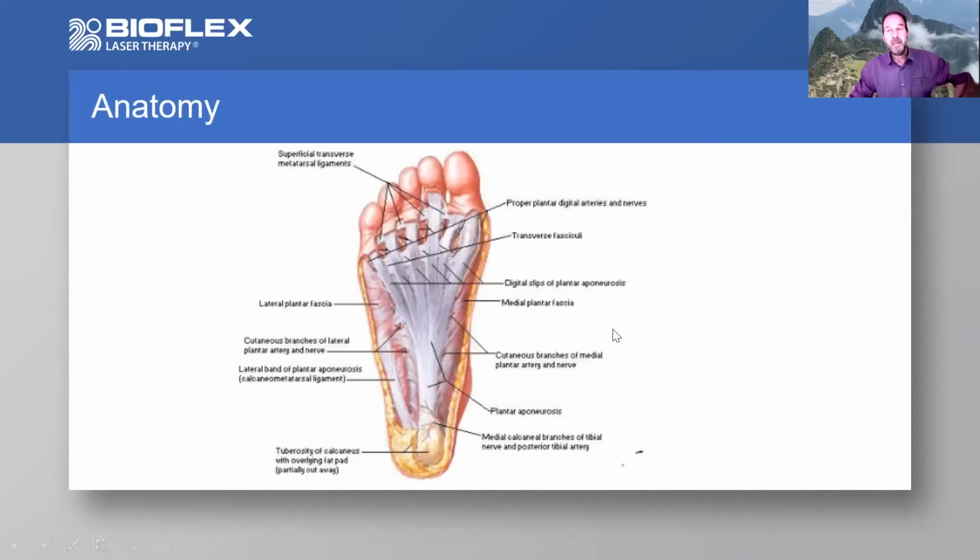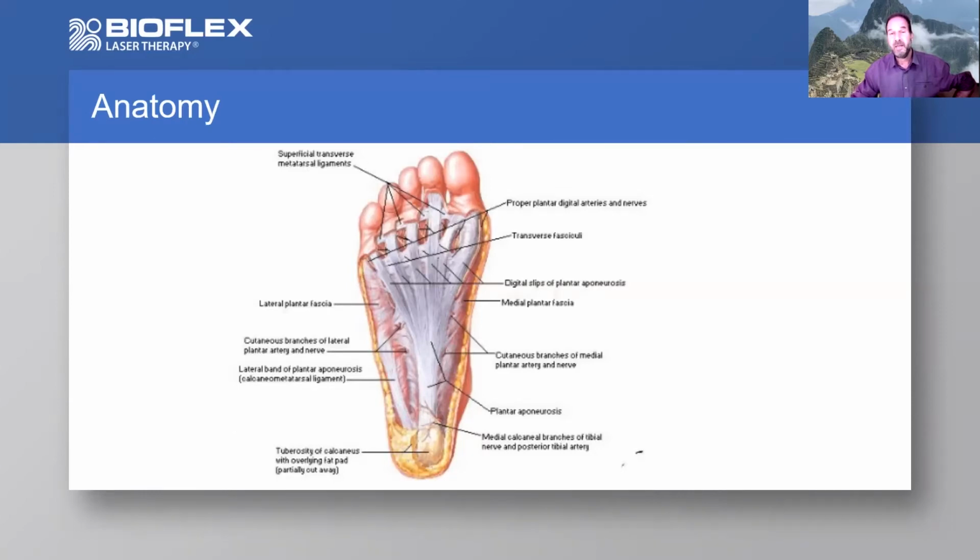Looking at the anatomy of the plantar fascia and the plantar aspect of the foot, it's designed for shock absorption, obviously. The plantar fascia itself, of course, is not a ligament, not a tendon, but it's in between. It tends to be broader and thinner. Now, the plantar fascia originates from the plantar aponeurosis that originates at the base of the calcaneus.